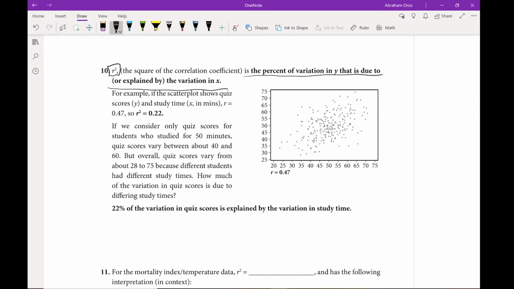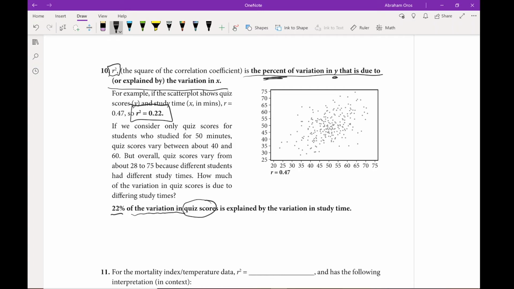All right, so we already have the answer here for this particular problem. But what we're looking at is r squared is the percent of variation, and in this particular problem, r squared is 0.22. So that's where we're getting 22%, right? 22% comes from 0.22. So that's the percent of variation in the quiz scores, right? So think about that.